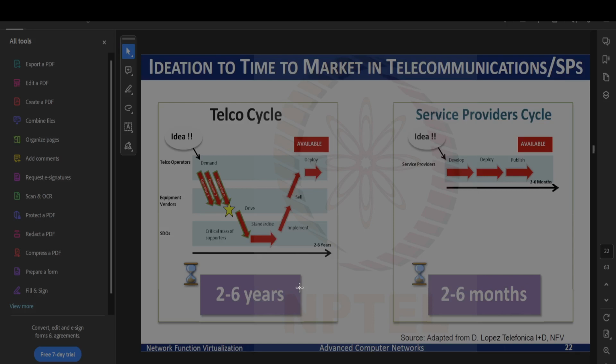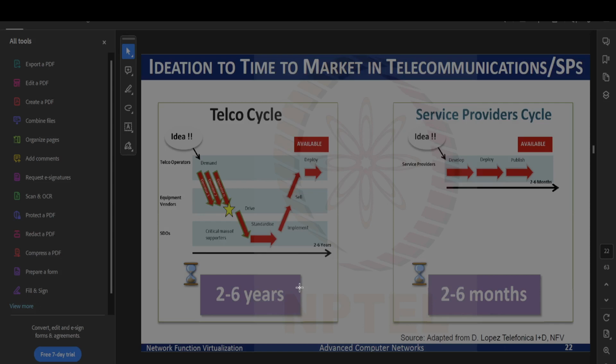When they looked at the cloud providers like Google and other giants, the service providers were able to come up with new ideas, build the software application, put it into production and deploy, and it took a maximum of 6 to 8 months or 1 year. That was the ideation to availability time frame for the service providers.